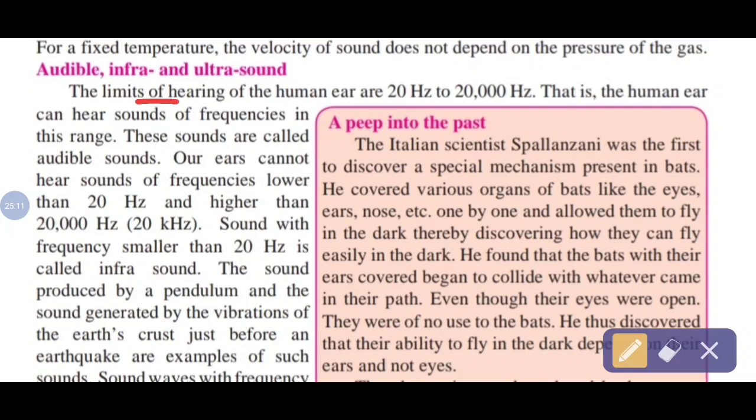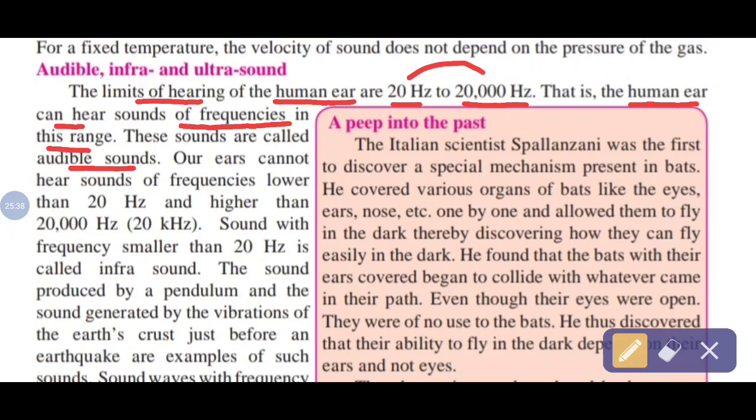The limits of hearing of the human ear are 20 Hz to 20,000 Hz. So the human ear can hear sound of frequency in this range. Which range? 20 to 20,000 Hz. These sounds are called audible sound.